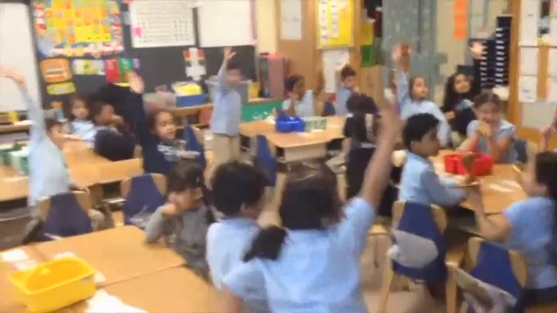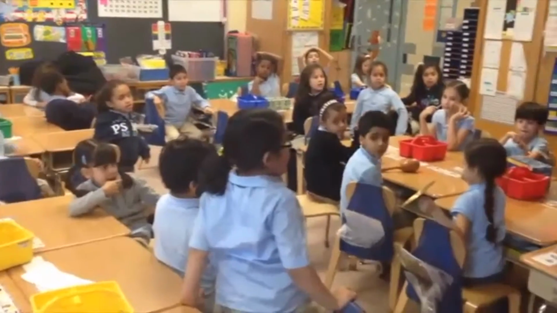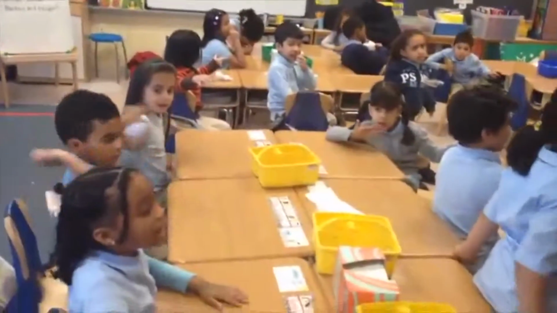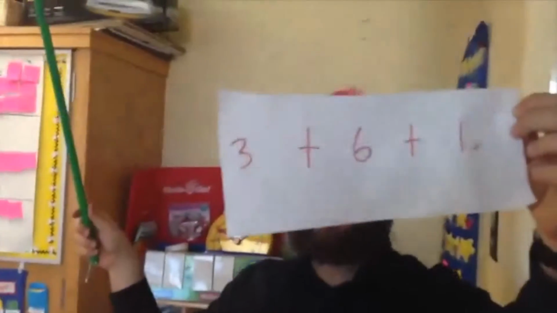What was it? The sum was 10. Okay, and what was the sentence? The add-ins. 3 plus 6 plus 1. Everybody, look at this. Look at the camera. That was correct. Everybody give them a round of applause.